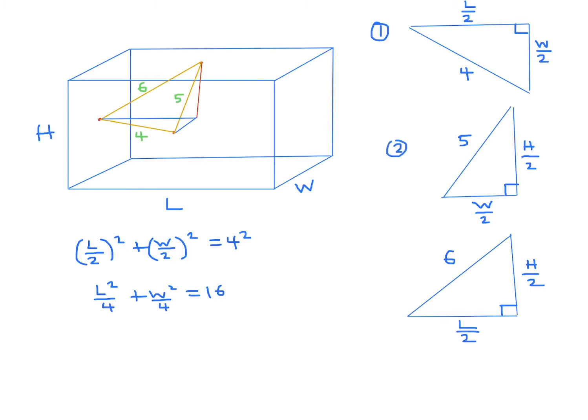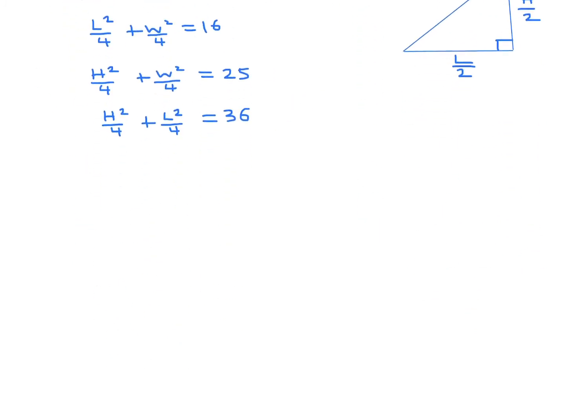And then from the second triangle, we get the following relationship: H squared over 4 plus W squared over 4 is equal to 25. And from the third one, we get H squared over 4 plus L squared over 4 is equal to 36. So those are our 3 equations that we got directly from Pythagoras.